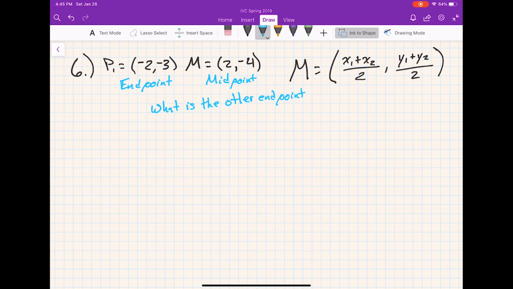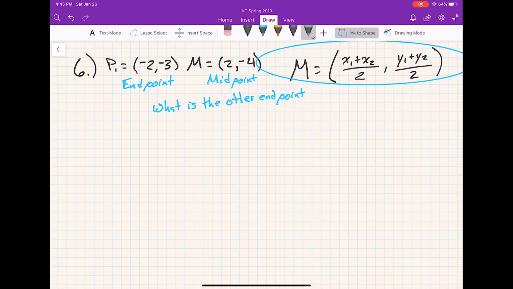So let's see here. We've got our midpoint formula over here. Let's just start substituting stuff into this formula right here, so we can find what our other endpoint would be.